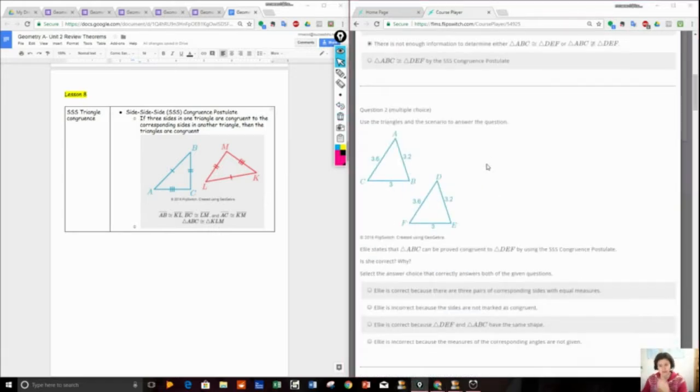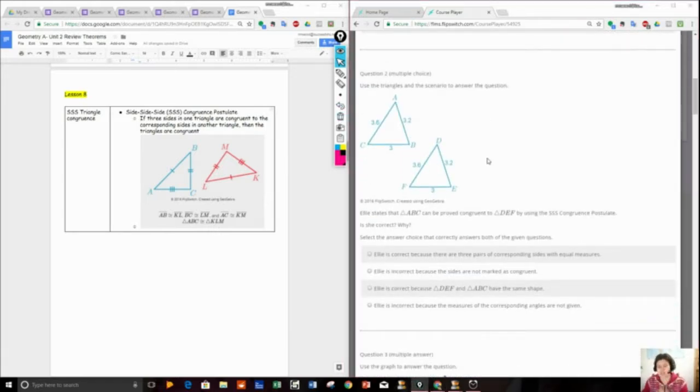All right, question 2. Use the triangles in the scenario to answer the question. Ellie states that triangle ABC can be proved congruent to triangle DEF by using the side-side-side congruence postulate. Is she correct? Why? Okay, so side-side-side congruence postulate is if corresponding sides are congruent, then the triangles are congruent. So let's set up our corresponding sides.